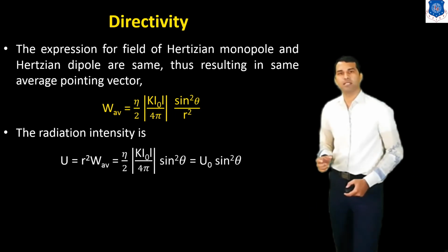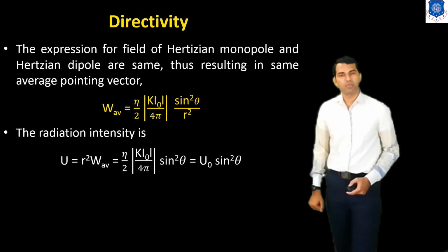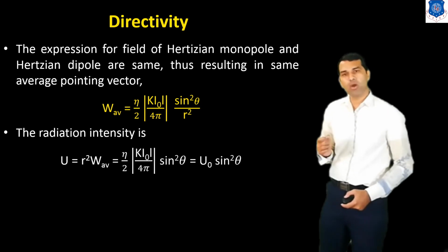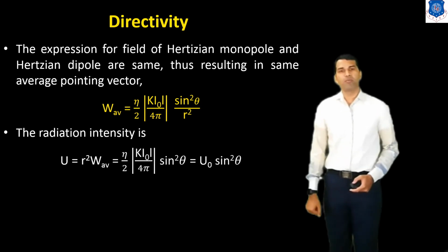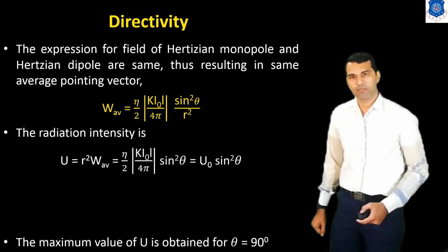The radiation intensity is nothing but R² times W average. So we get η/2 (kI0L/4π)² sin²θ. We can write this as U0 sin²θ.